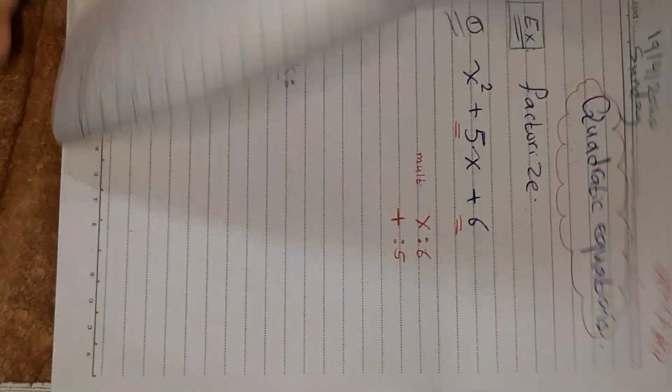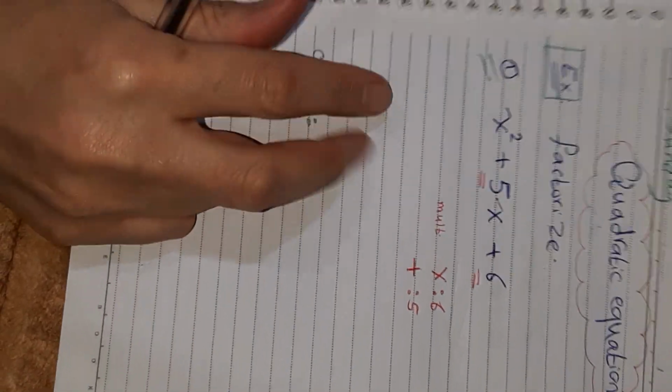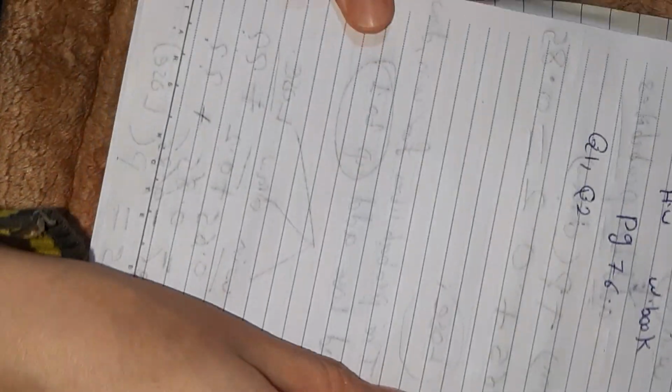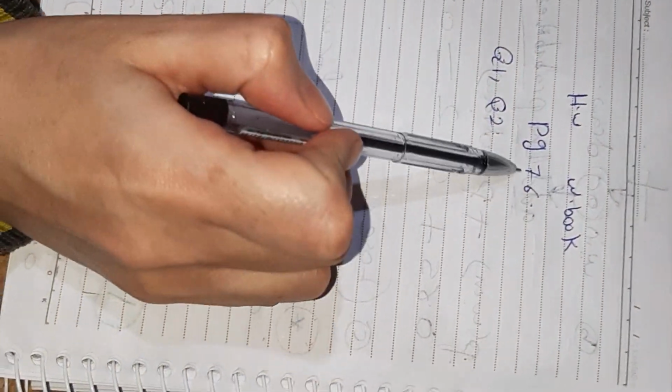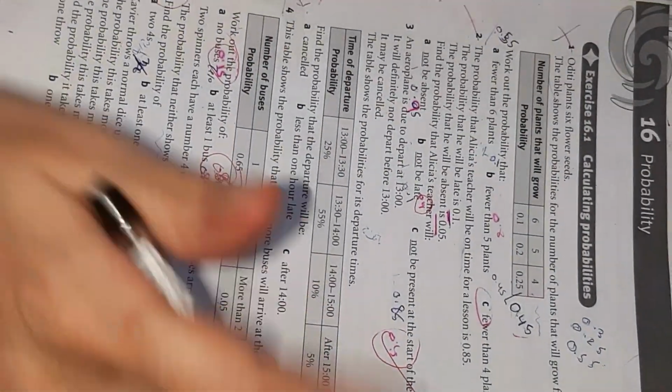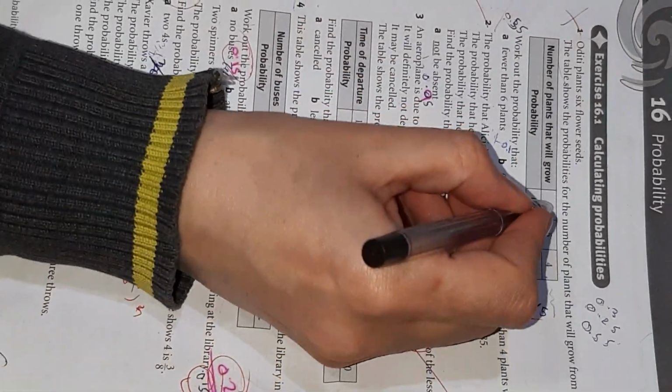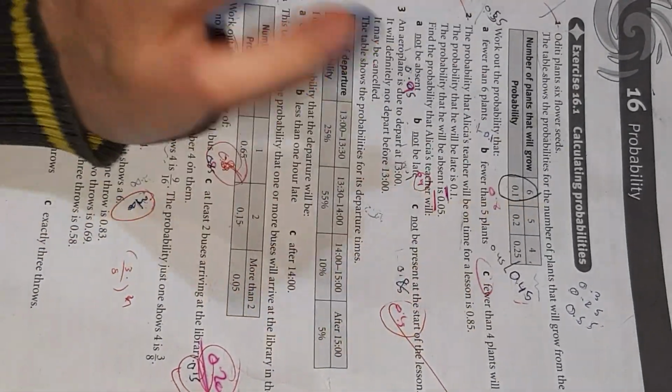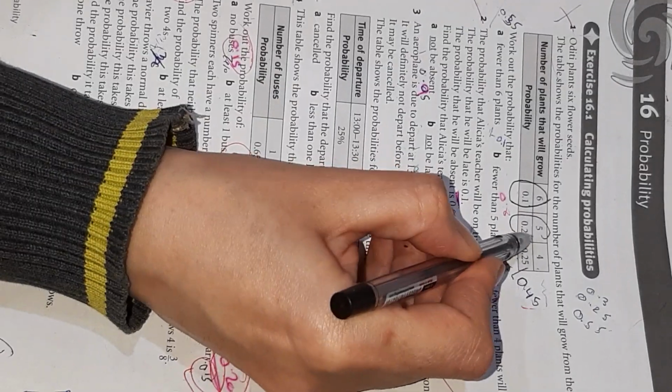Now here in the workbook page 76, solve question 1 and question 2. I will discuss these 2 questions together, in general. Look, here, this is an experiment. Another experiment.